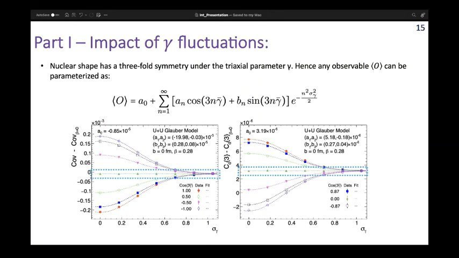Now, what we saw in our data is that for this particular line, which is the triaxial line, it doesn't really depend on the variance parameter. It is constant throughout the entire set of simulations that we used. And this is true for all of the observables that we saw. I show this explicitly for the three particle correlations on this slide.